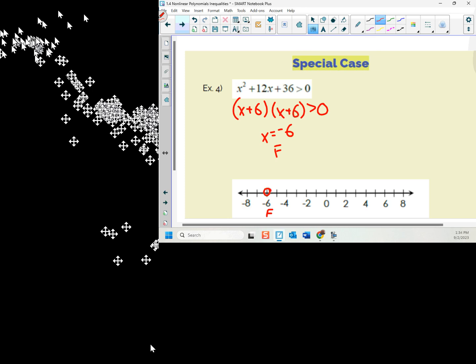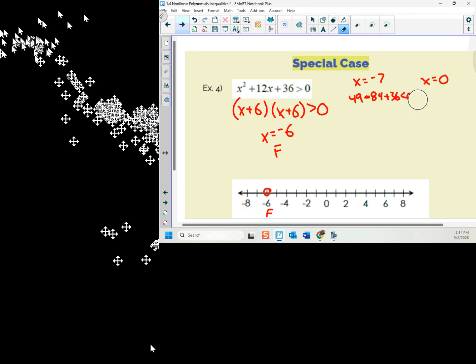In this case, if I plug in values, x equals negative 7 and x equals 0 will be my two test points. At negative 7, I get, again, 49 minus 84 plus 36 is greater than 0.